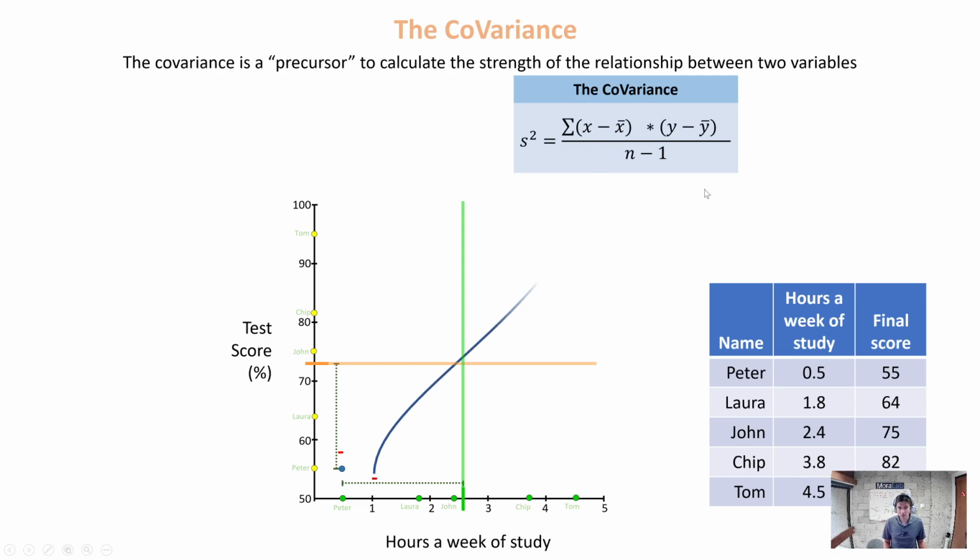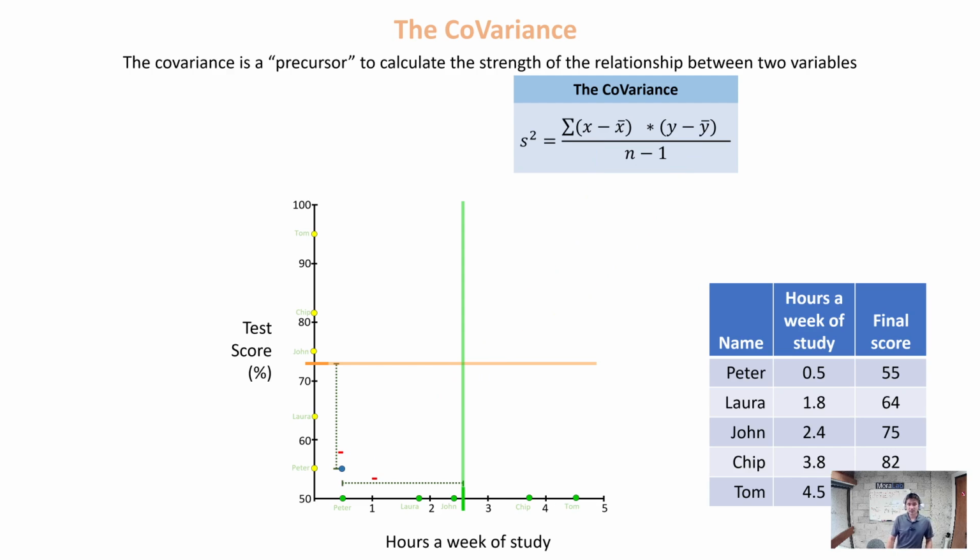So I'm going to plug in the difference in x and the difference in y. One of the things that you can see now is that I had a negative times negative. So the contribution of the first point, Peter, to the covariance is negative times negative, which is going to be positive. Isn't that interesting? So Peter is contributing to the covariance positively.